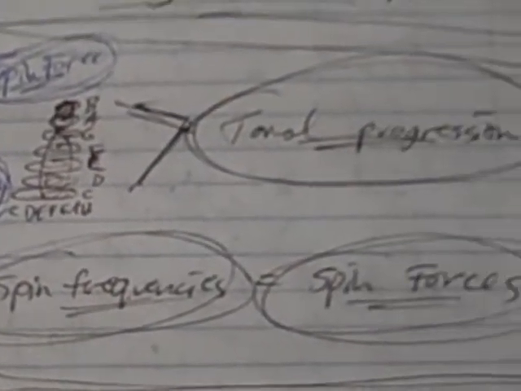The question is, if you can map out the tonal progression, say, in the human psyche or in anything in nature, then you can get a better sense of not only precisely mapping out the spin forces and spin frequencies, but also how to interact the right kind of tones or frequencies to influence or affect things.